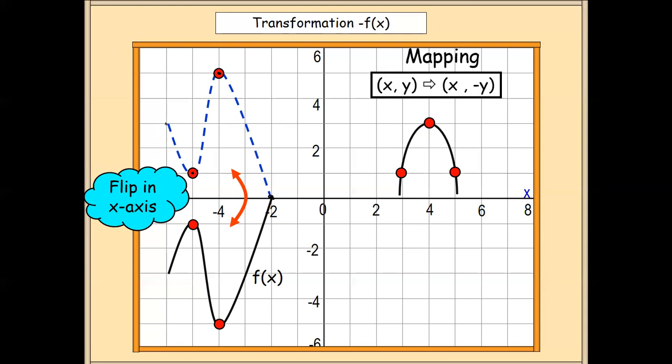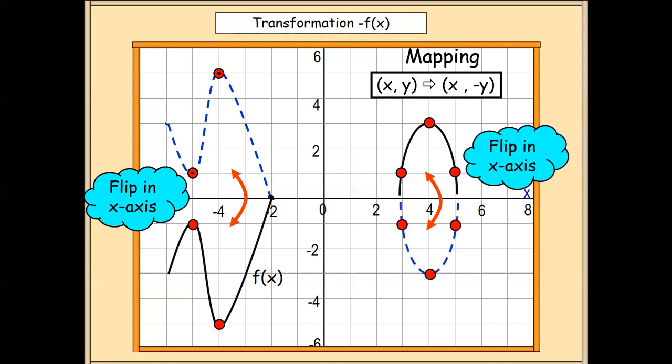So if you're asked to map (x, y) into (x, -y), you just use that x-axis here, and then you flip your whole function across, okay? And for this one, if I was to flip it, anything that was positive will become negative. So you will just go like that for the flipped function.